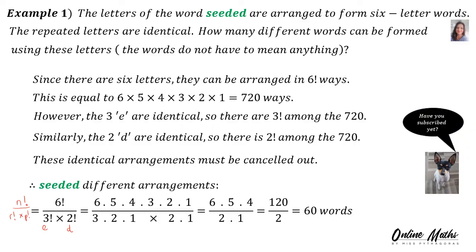Therefore, 6 factorial divided by 3 factorial times 2 factorial, and then you can slot that in your calculator and give me the answer. Or what I did here was I said the 2 and the 2 will cancel and the 3 and the 3 will cancel. You multiply everything, divide, and your final answer, 60 words.